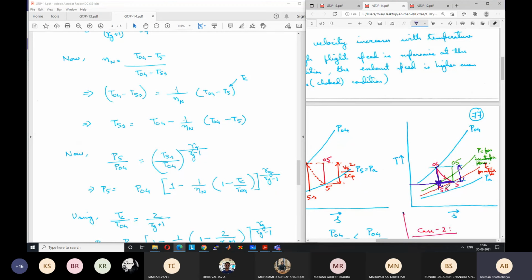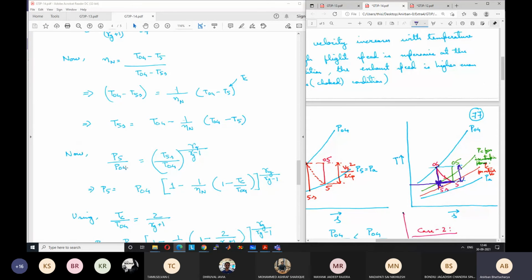So P5 by P04 is equal to T5s by T04 to the power gamma by gamma minus 1. Or P5 is equal to P04 into T5s by T04 to the power gamma by gamma minus 1.